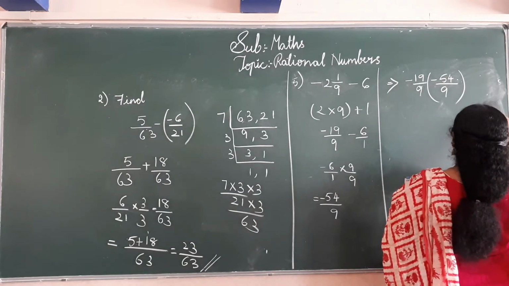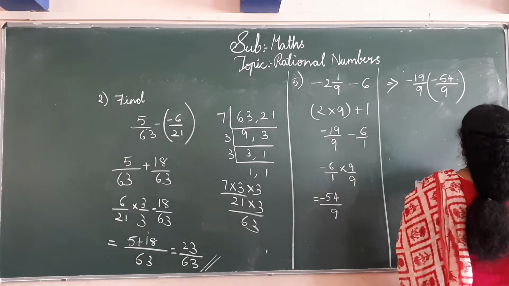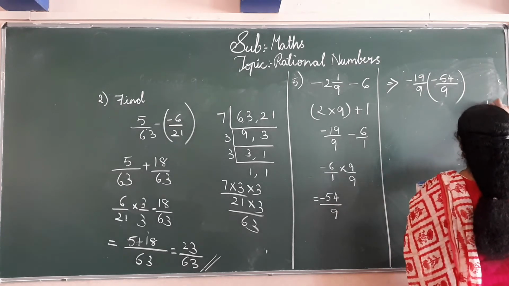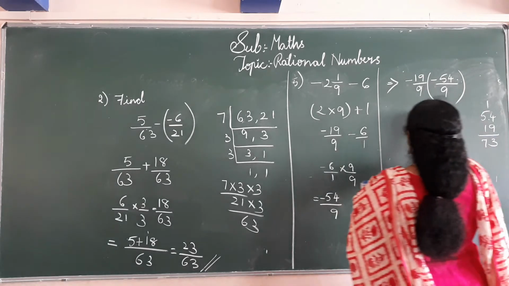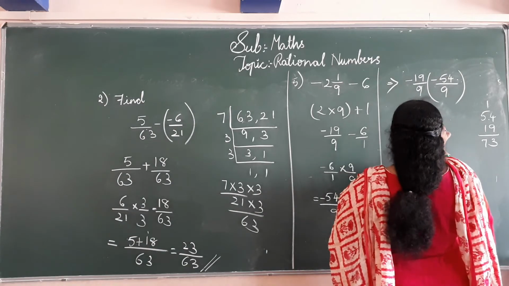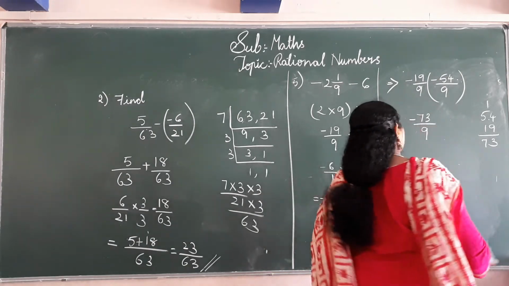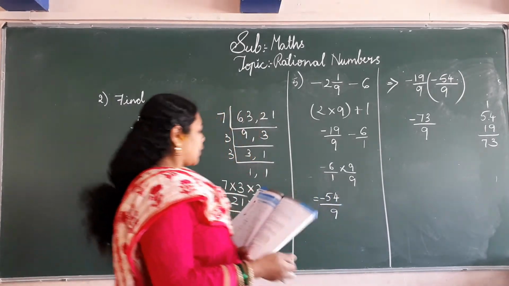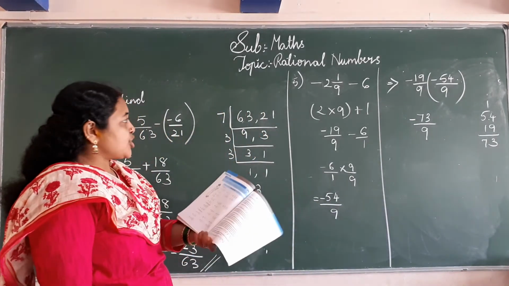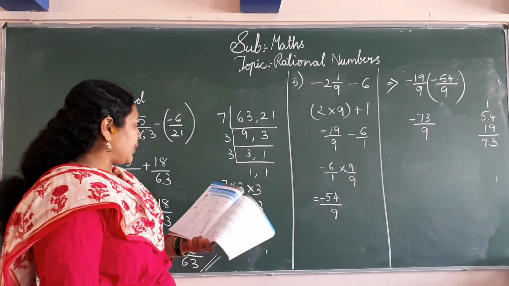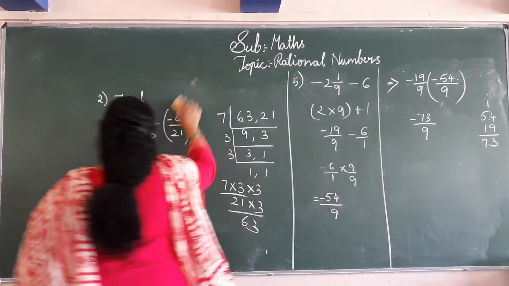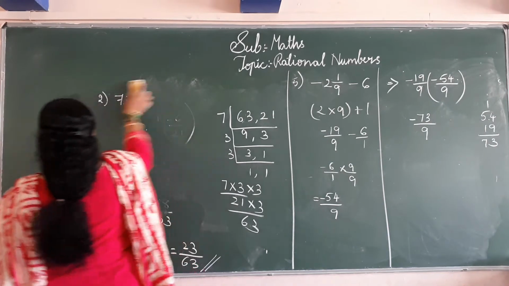So 54 plus 19: 9, 10, 11, 12, 13, 1 carry, 5, 6, 7. So it is 73 by 9, but still we will write only minus. Okay? Hope it is clear. Shall I go on to the next one? That is multiplication.